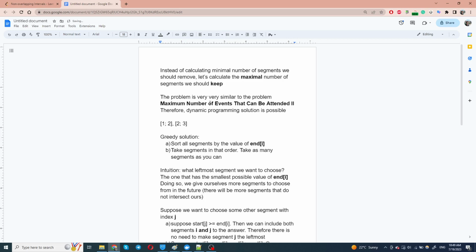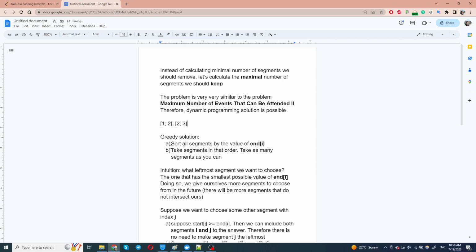Therefore, this problem is basically equivalent to the problem where each event had a value of 1, which was not the case at all in the problem maximum number of events that can be attended to. And this difference is very crucial for us, and it will allow us to implement a much easier greedy solution instead.